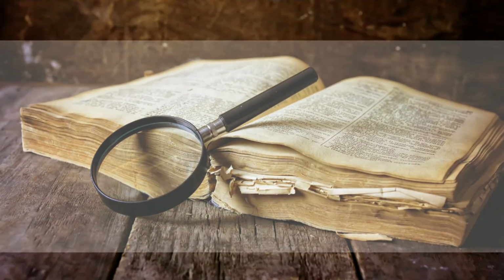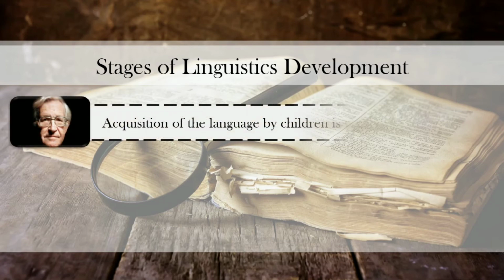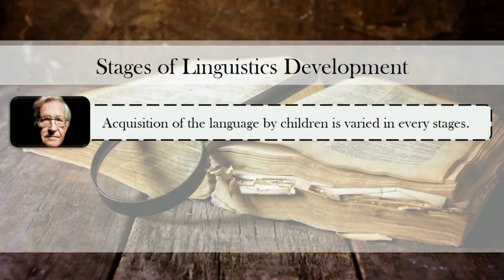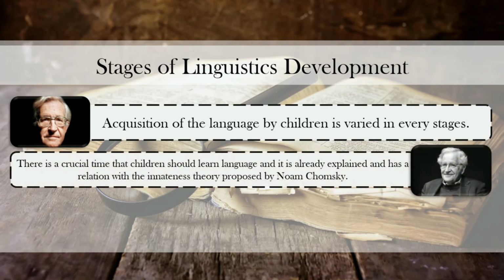The next is stages of linguistic development. In this stage, it is believed that the acquisition of language by children varies in every stage. It is stated that there is a crucial time that children should learn language, which has already been explained and has a relation with the innateness theory proposed by Noam Chomsky.